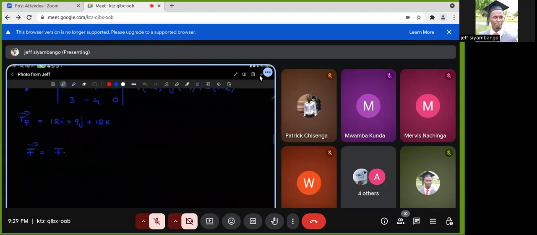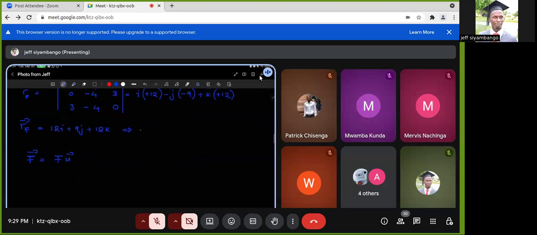Remember, we need the force and the unit vector that runs in the direction of the force. Since we have the vector in the direction of the force, a unit vector in that direction can be obtained. It's the vector itself divided by its magnitude.